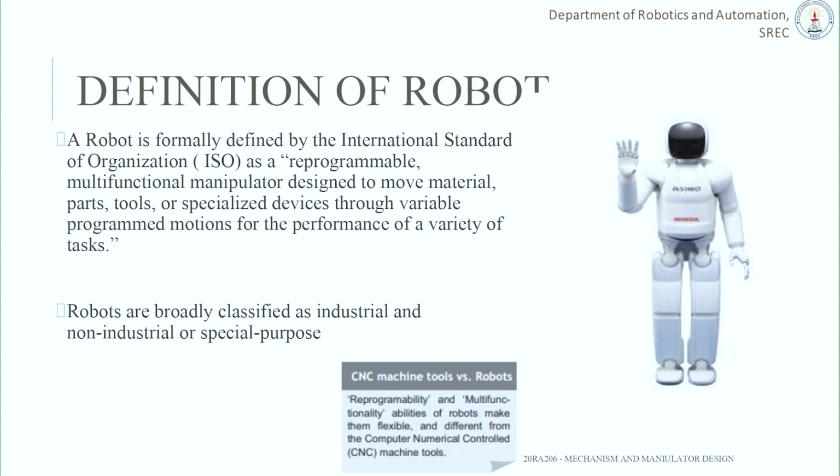We can program the robot any number of times, and it is a multifunctional manipulator. Multifunction, as the name indicates, means it can perform a variety of functions. And a manipulator is nothing but a combination of links and joints.